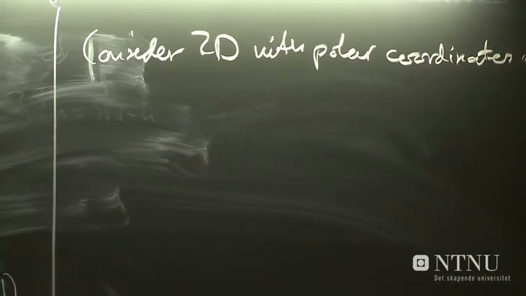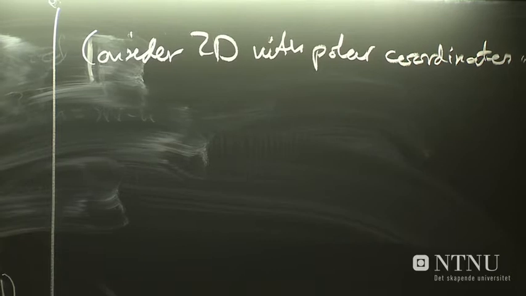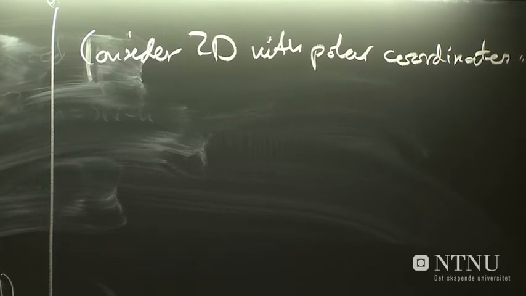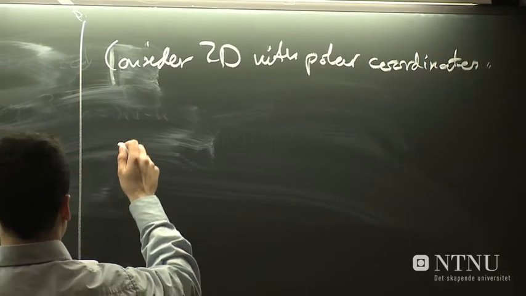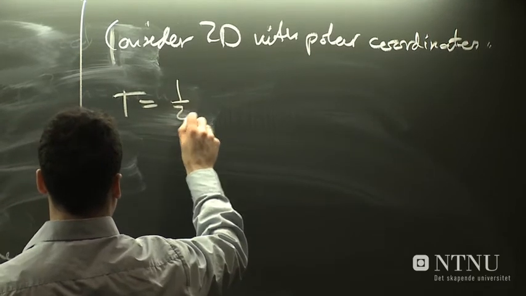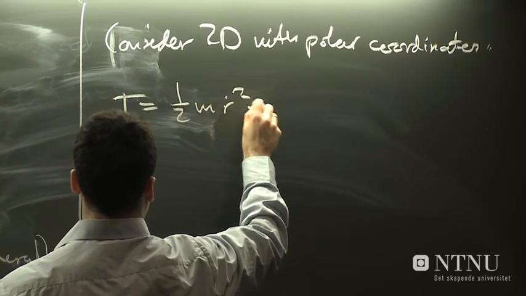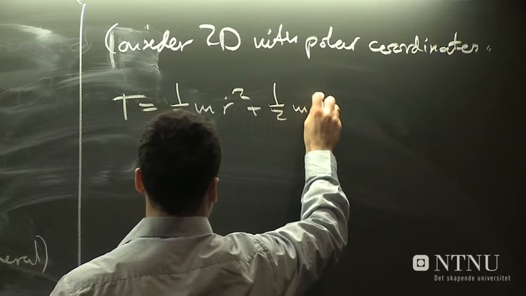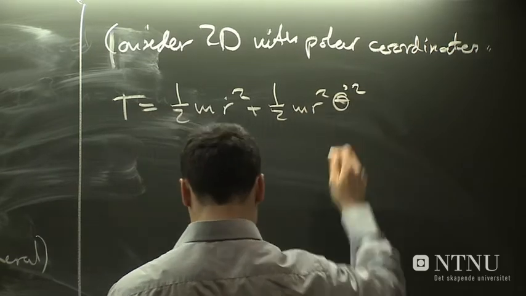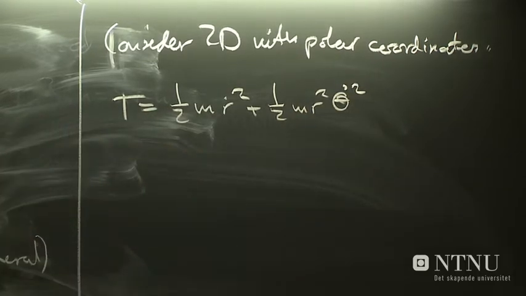Consider 2D motion with the description using polar coordinates as our generalized coordinates, for which case the kinetic energy looks like this.